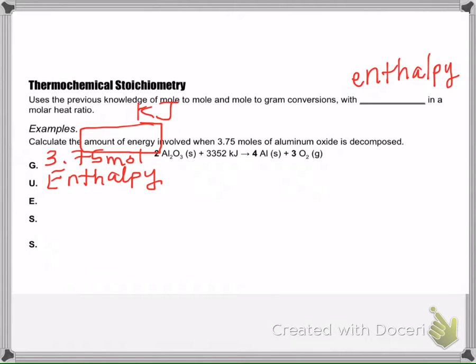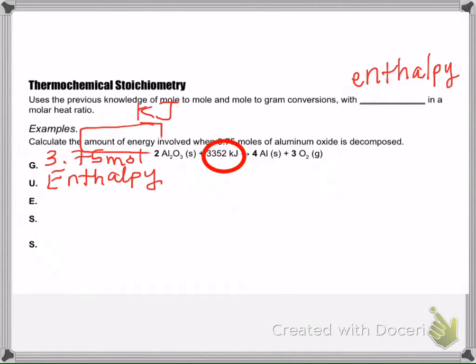The equation I'm going to use is the balanced chemical equation here. As you can see, we are putting in 2 moles of aluminum oxide plus 3,352 kilojoules of energy. So these are my reactants. The fact that heat or energy is my reactant shows that this is an endothermic reaction.